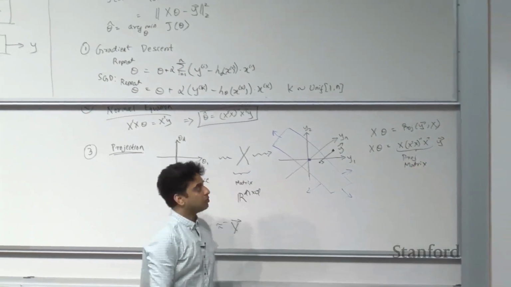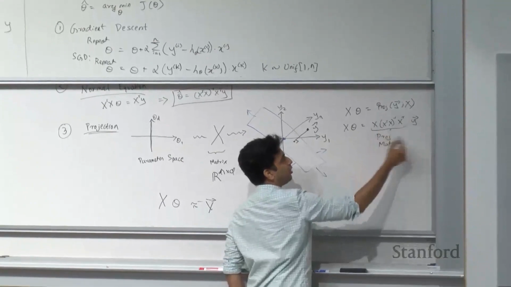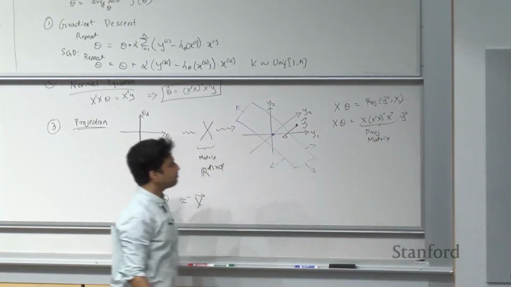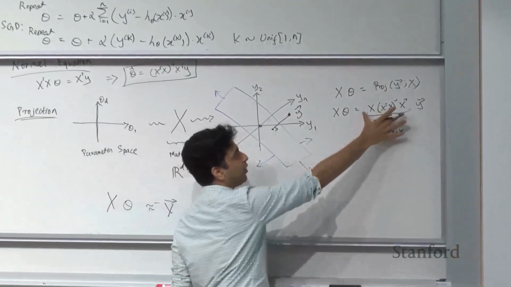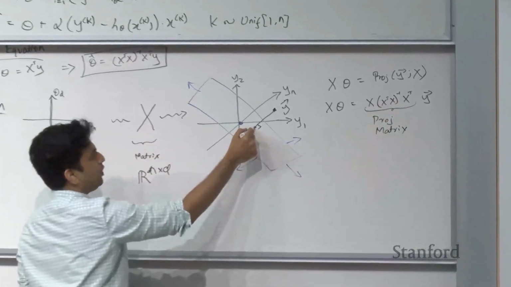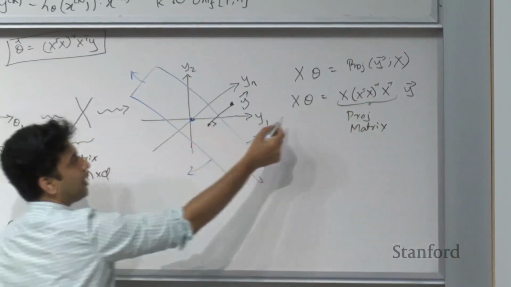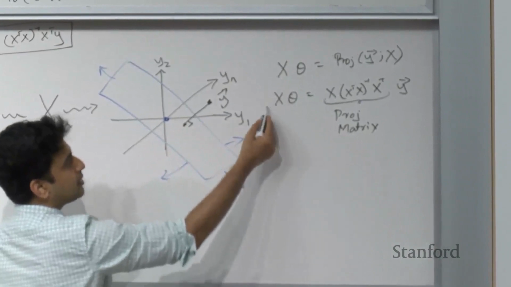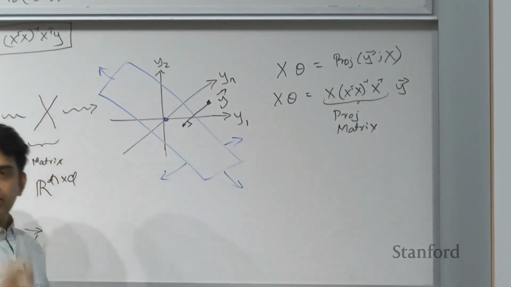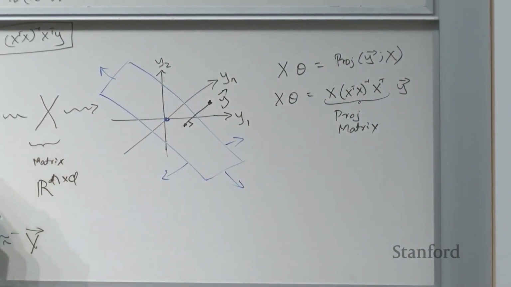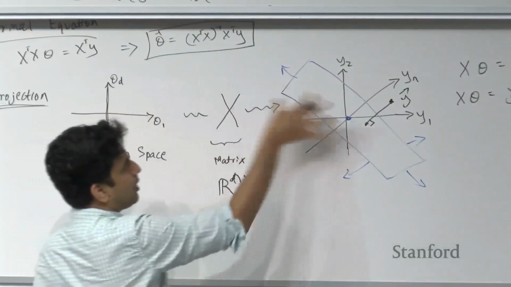So this is just the projection of y onto the column space of X. Once we have it in this form, X can be inverted in principle, because there is a one-to-one bijection between the input space and this column space.